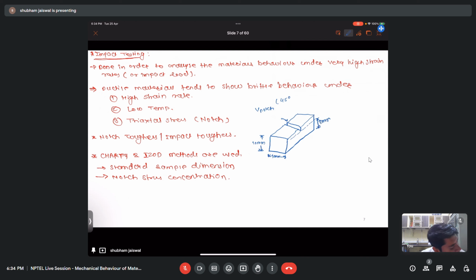If it is 8 mm, then our notch length will be of 2 mm. Okay, so this is our sample for the impact test.